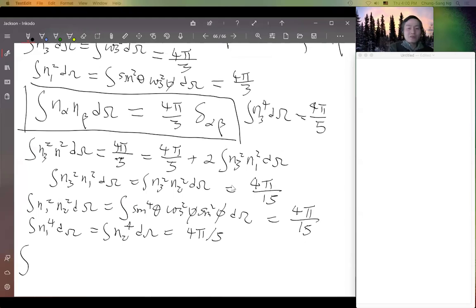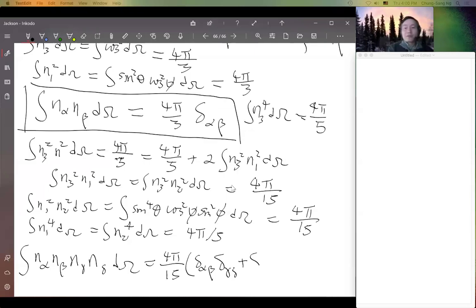So altogether, this integration of n alpha n beta n gamma n delta d omega, you combine everything, you get 4 pi over 15 times (delta alpha beta delta gamma delta plus delta alpha gamma delta beta delta plus delta alpha delta delta beta gamma).